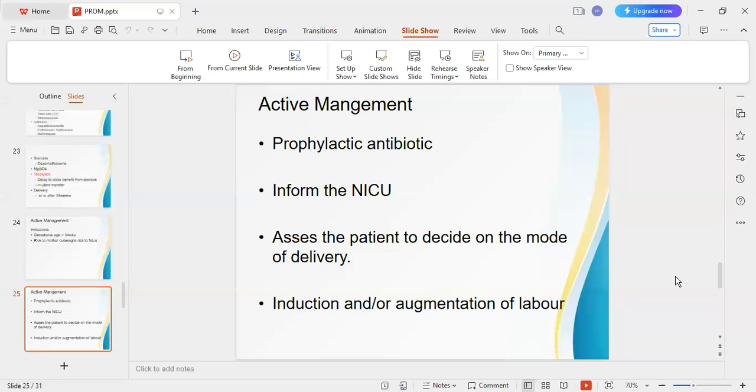Or when you are doing the mechanical methods such as the balloon induction or the catheter induction, the same way you might introduce bacteria into the membranes and cause infections to the baby. So even though these are all methods of inducing labor, it is preferred to use oxytocin because there is a lesser risk of causing an infection to the mother as compared to misoprostol and the mechanical methods. And we will augment our labor with oxytocin as well.